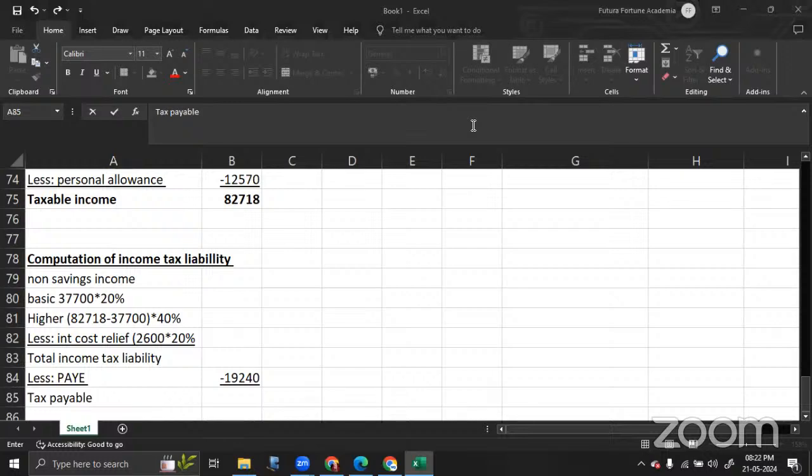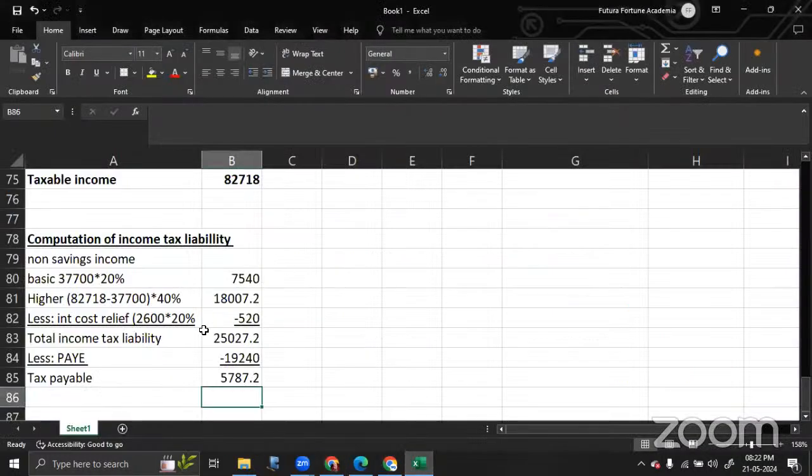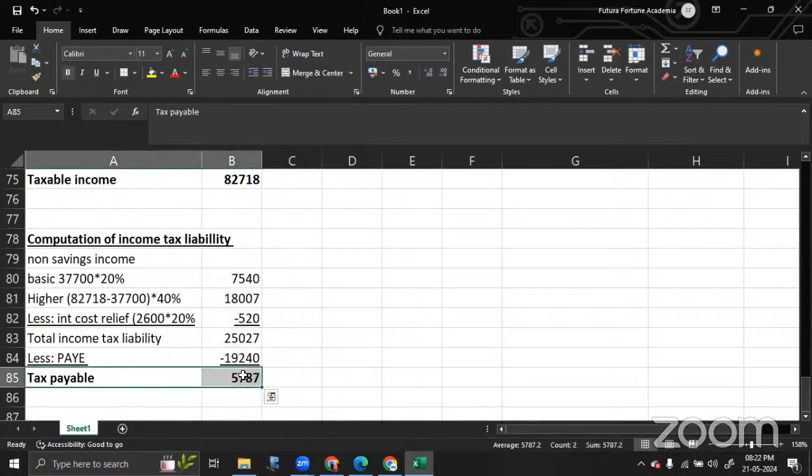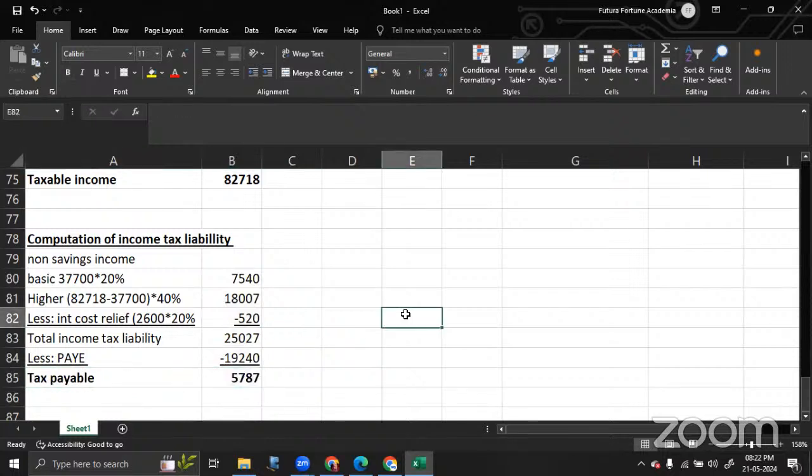And don't forget to get rid of any decimals in your calculation as well. So this is your tax payable. Decimals are not allowed in your examination, so make sure you get rid of any decimals prior to finalizing your answer.